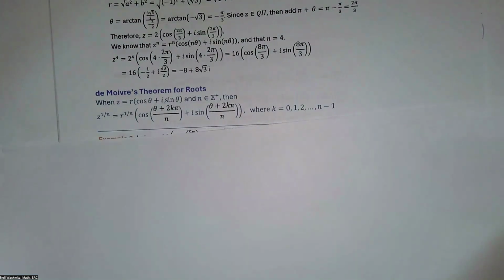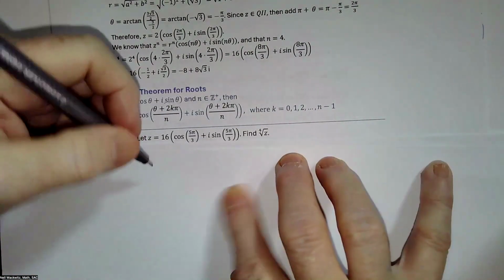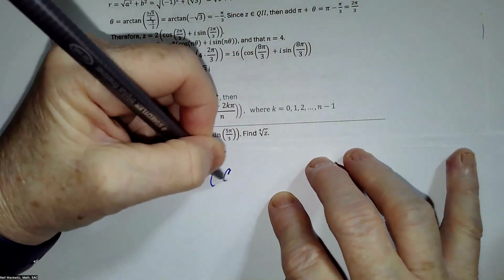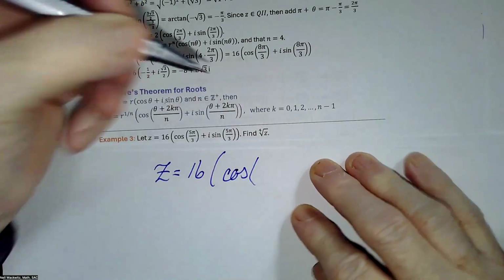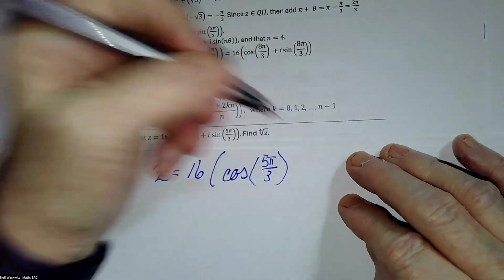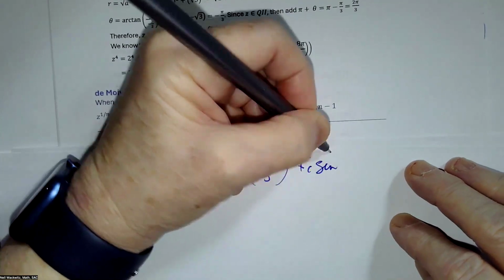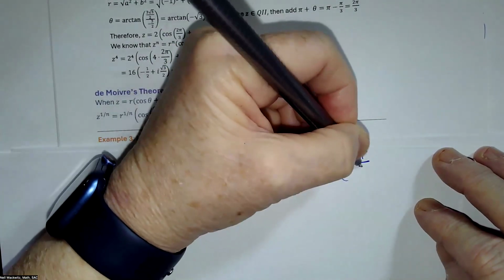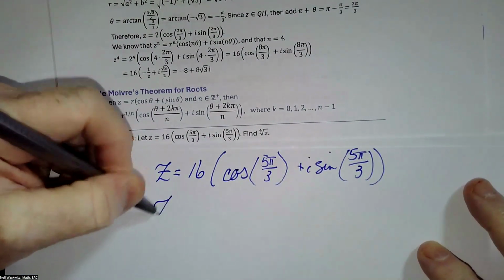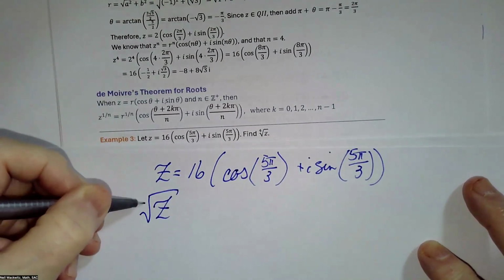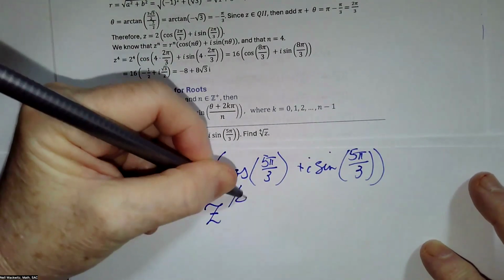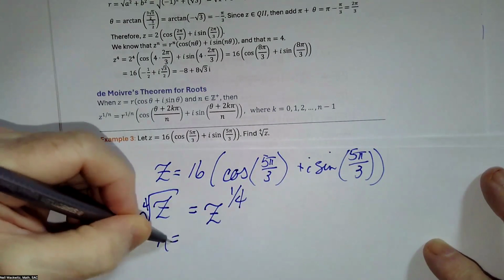Let's see. Let's let z be 16 cosine of 5 pi over 3 plus I sine 5 pi over 3. And we want to find the fourth root, which means we want to find z to the 1/4. So our n is equal to 4.